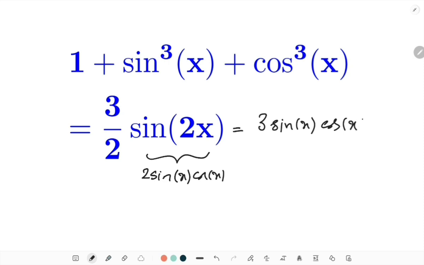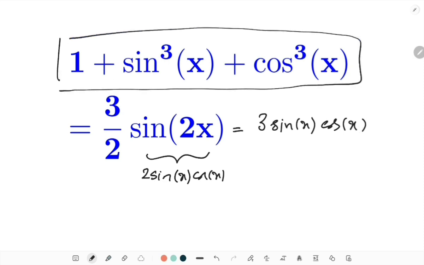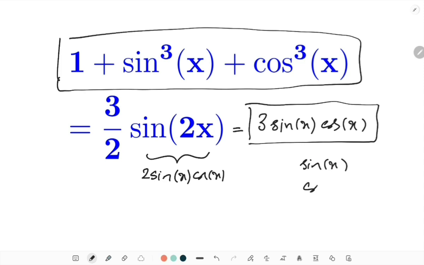So look at this equation here, the left side and the right side. What you notice is that this equation is symmetric with respect to sine of x and cosine of x. So if you swap these two with each other, it will produce the same equation.